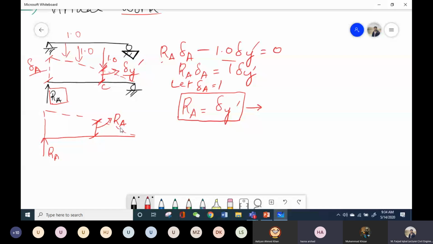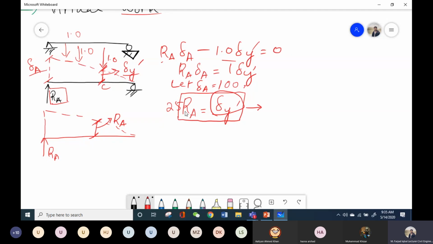Exactly. So we will always consider delta A as 1. Actually, you can also assume delta A is 100, or any value. But in that case, it will be 25 RA. So delta Y will be the product of some constant value with the reaction.